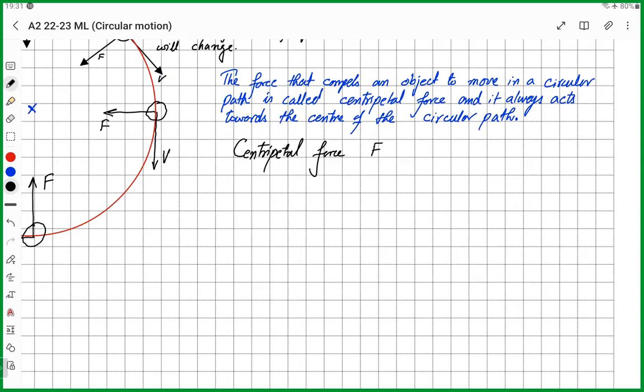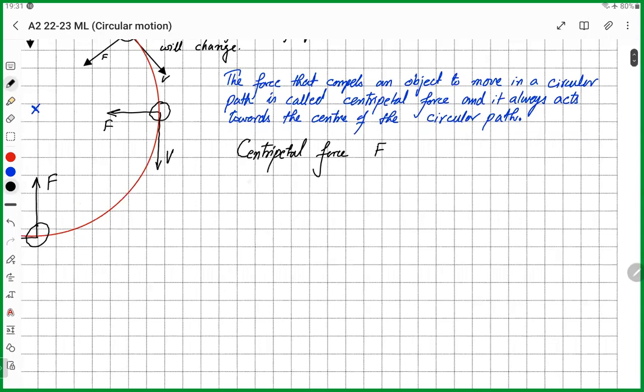What do you think is the relation of centripetal force with the mass of the object? It's easier to move a light object. So that means centripetal force is directly proportional to mass. More mass will require more force, less mass will require less force.